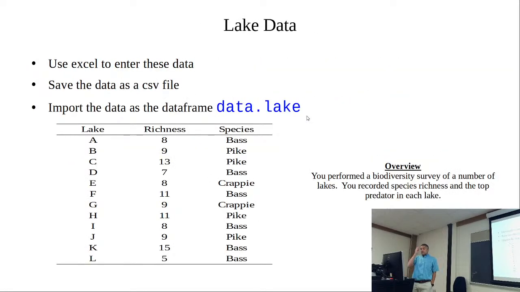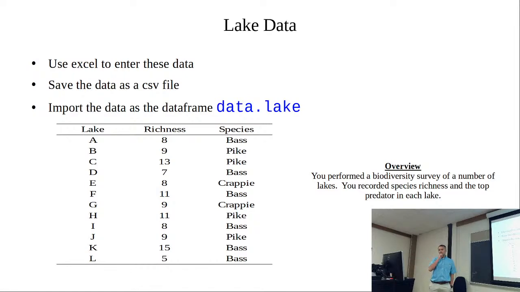So the first thing that we're going to do is link data. This is a data table. Let's say you pulled it from a lab notebook, or maybe you're interested in doing some research with a faculty member, and they give you this table and say, we're going to analyze it.